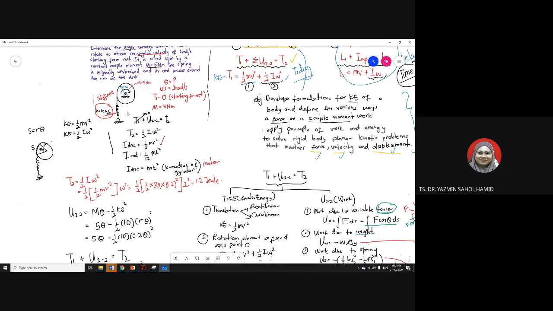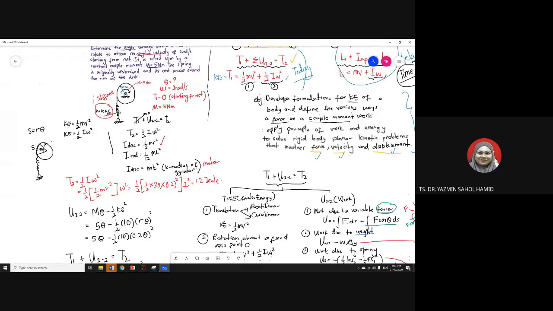So basically we only consider formula kinetic energy equals to 1/2 I omega squared.